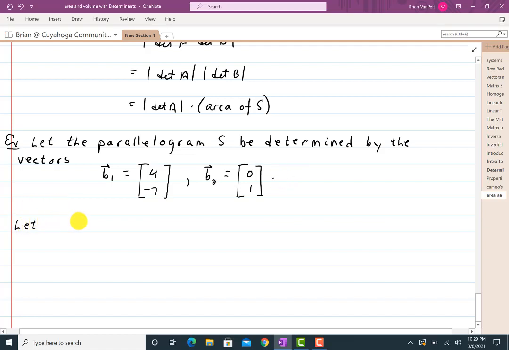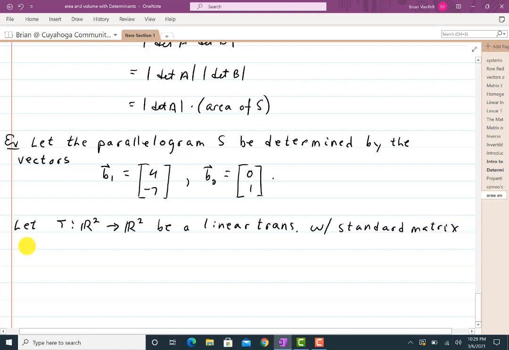Let T from R2 to R2 be a linear transformation with standard matrix A equals [5, 1; 2, 1].